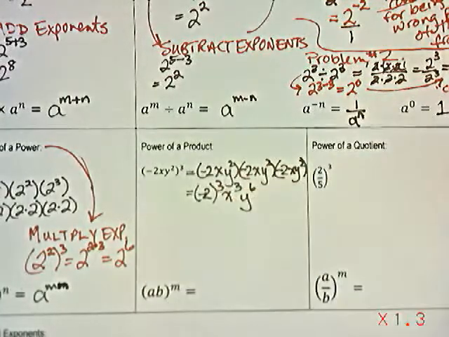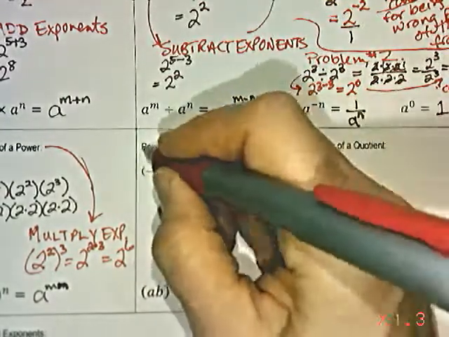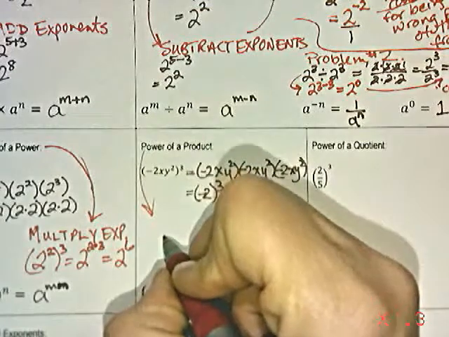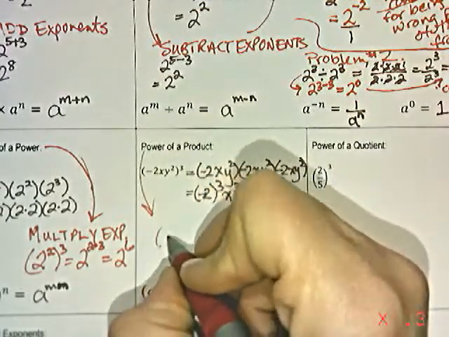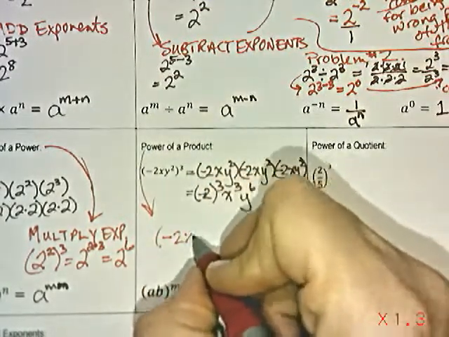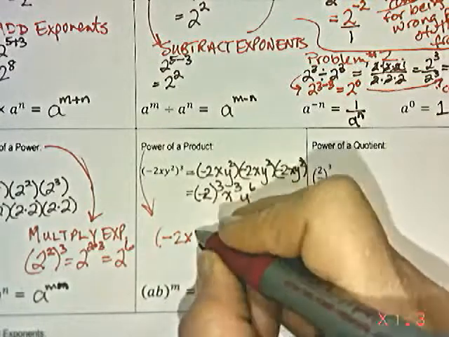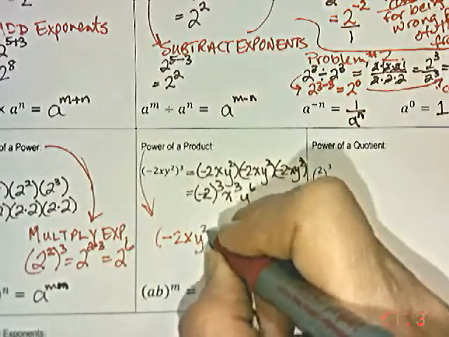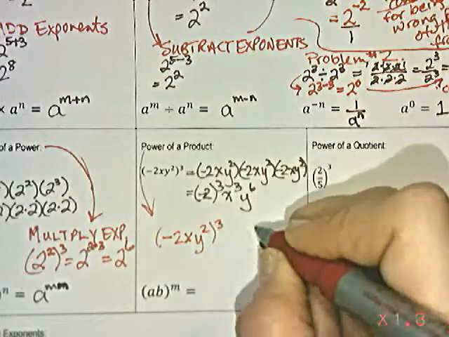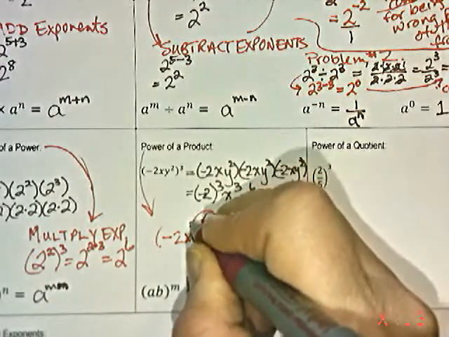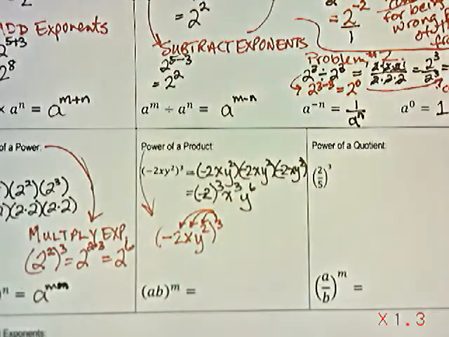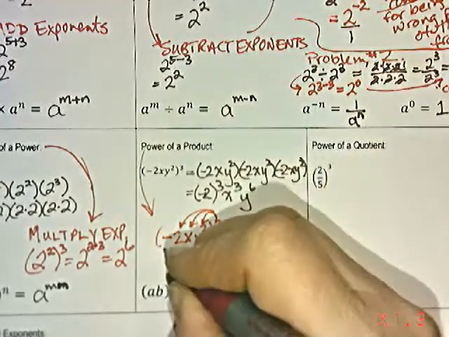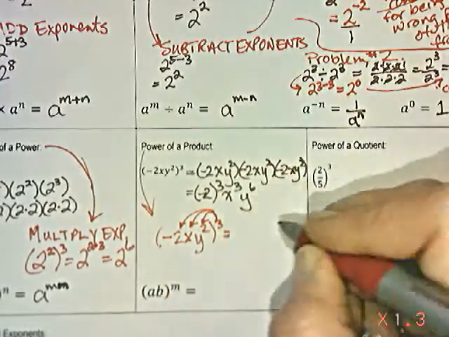And so in general, my power of a product is similar to the power of a power, but just remembering that with this negative 2x to the exponent 1, if it's not there, it's assumed to be a 1, y squared and all cubed, I simply have to remember that that 3 is multiplying inside each of those individual items in the bracket.